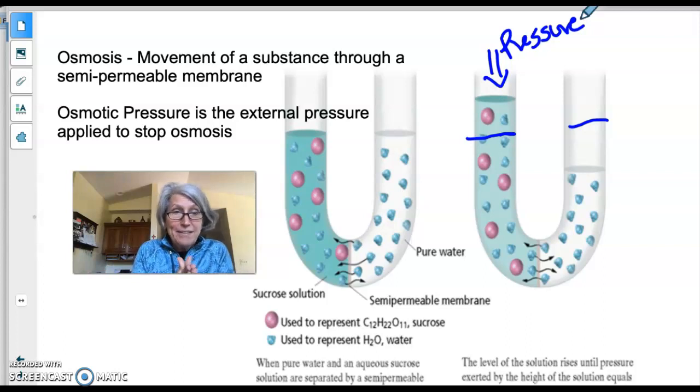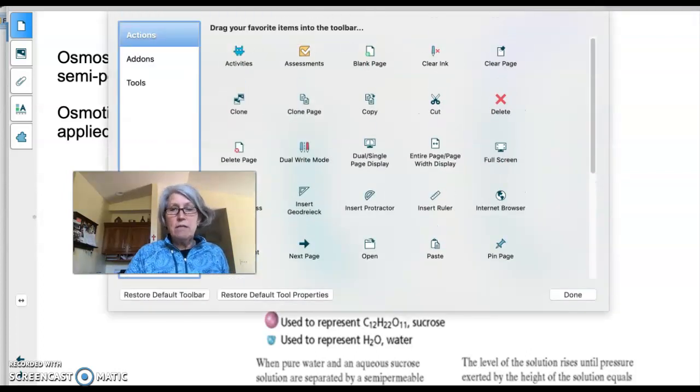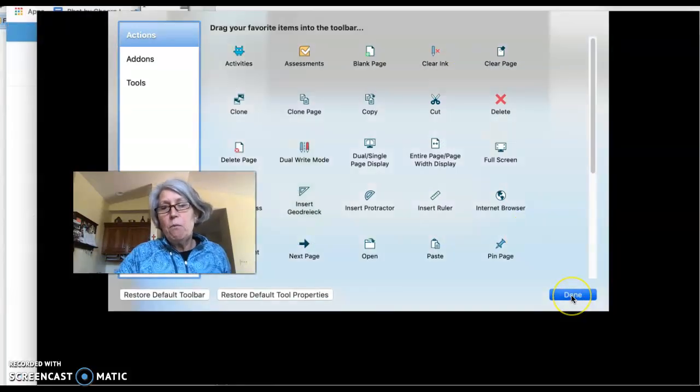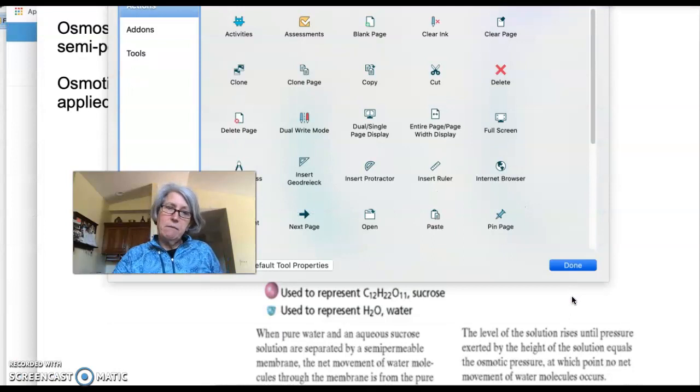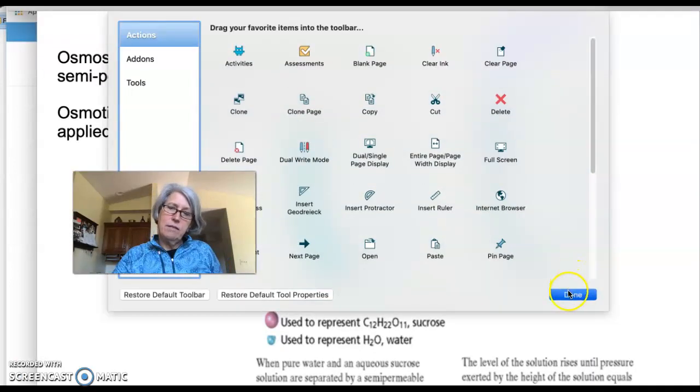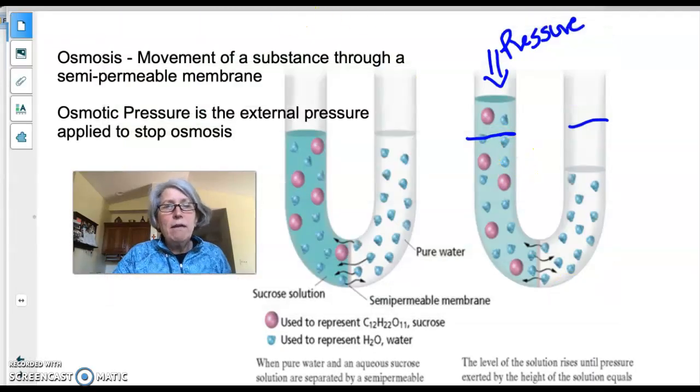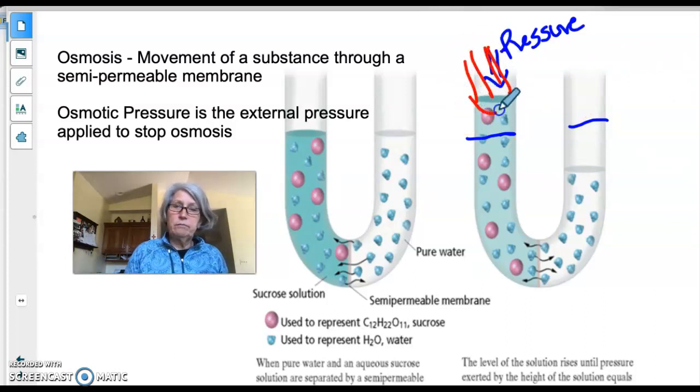Now, the question is, what if we went ahead and added a whole bunch more than just that natural amount needed to stop osmosis? So let's just go here, and we're going to add a whole bunch of pressure.